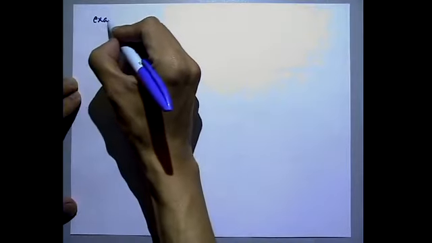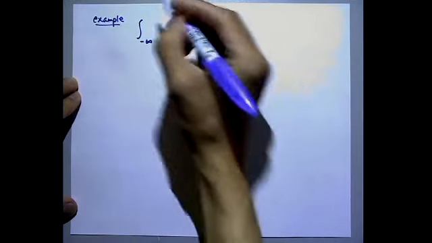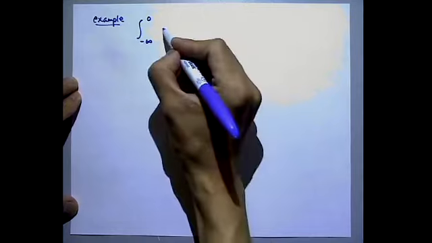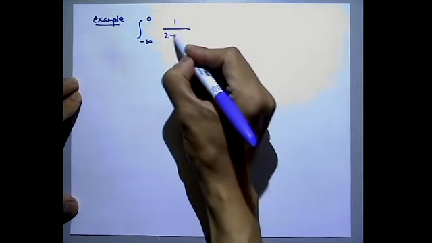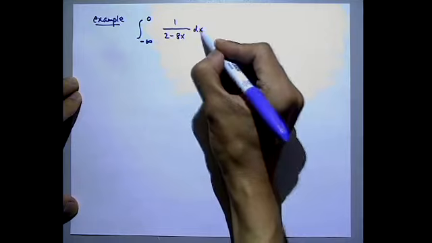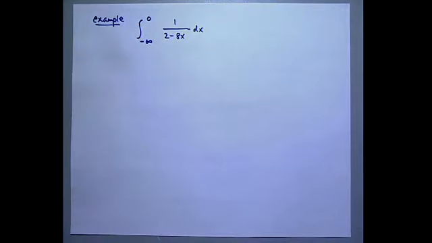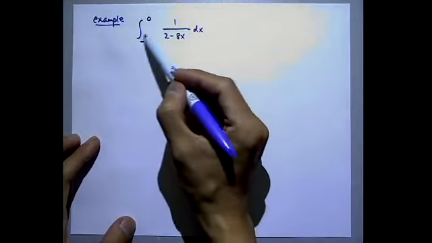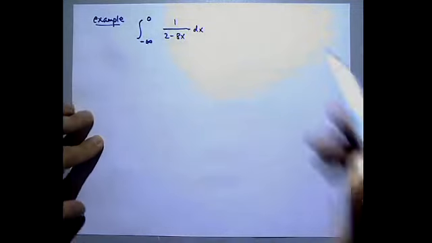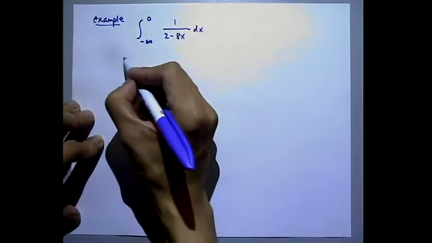Okay, let's look at another case here. Let's put the lower limit at minus infinity this time. We have an improper integral again, so I've got to worry about that.